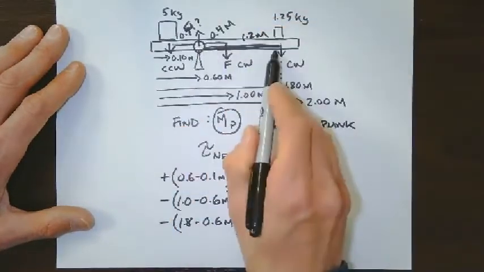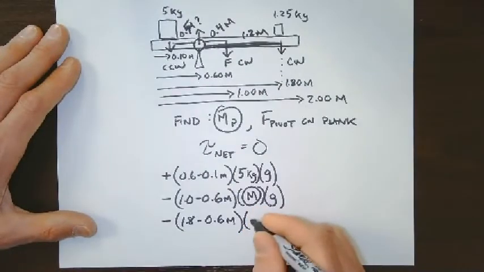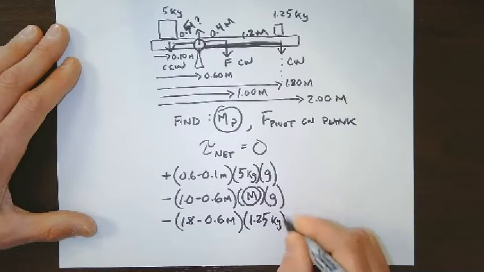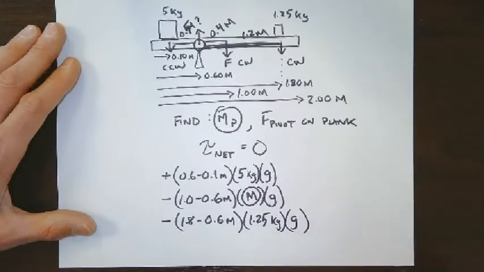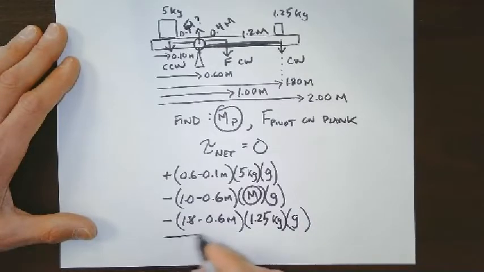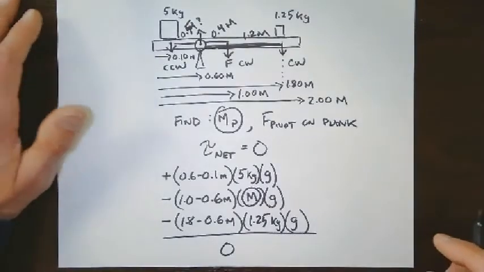That's from the pivot out to where that force is acting. And then you multiply that by mass times gravity. So 1.25 kgs times big G. And all that's going to have to equal 0. So that's how you set this up, right?